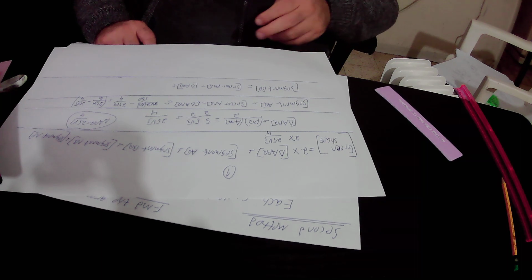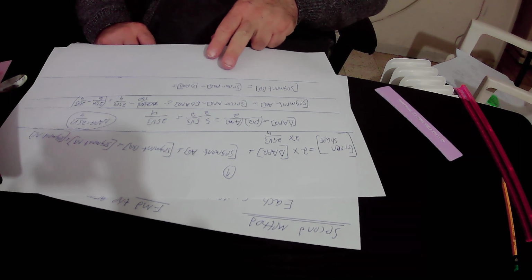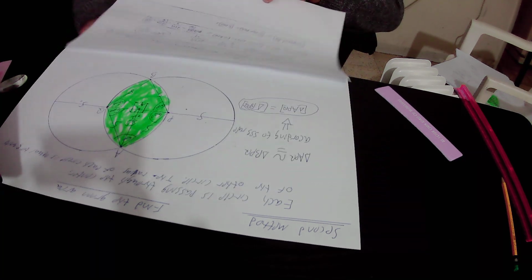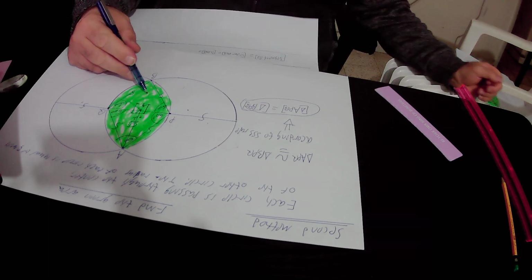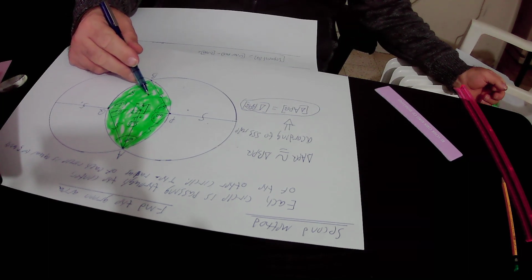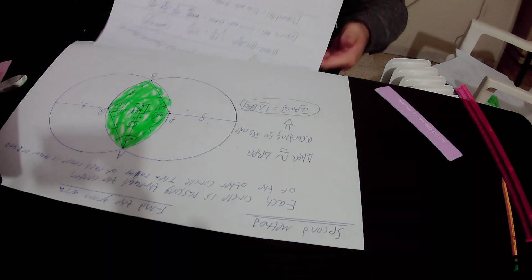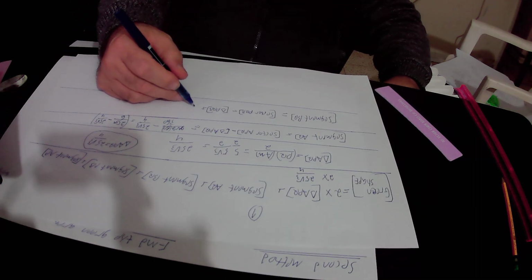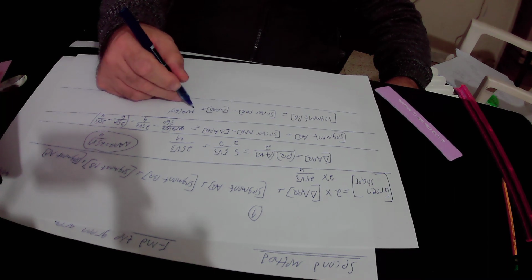So the area of segment BQ equals the area of sector PQB minus the area of triangle PQB. The area of sector PQB equals pi r squared times 60 degrees over 360 degrees.